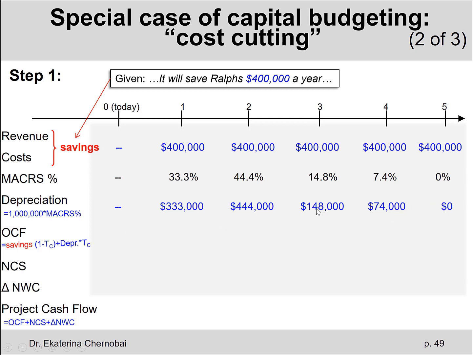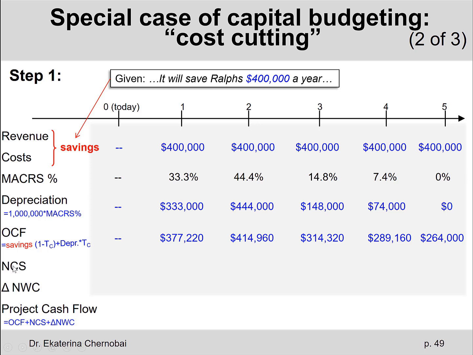And when you then put these numbers together with the $400,000 savings into the OCF formula, you get for year 1, $377,220, for year 2, $414,960, for year 3, $314,320, for year 4, $289,160, and for year 5, $264,000. Okay, we're done with the operating cash flow for each year.